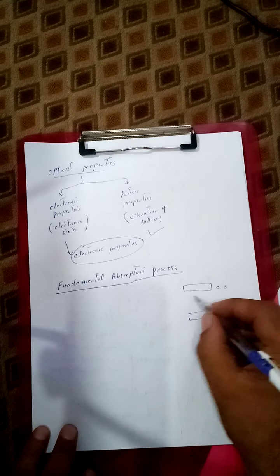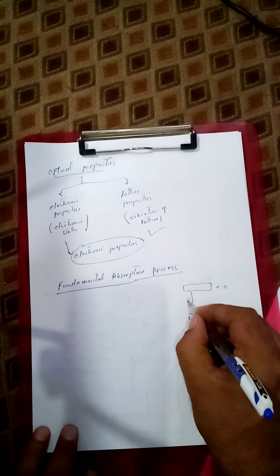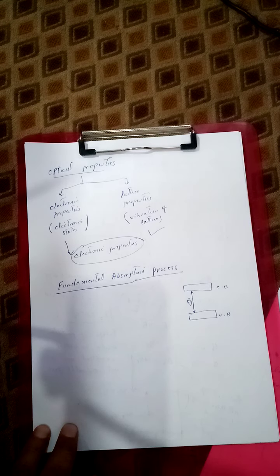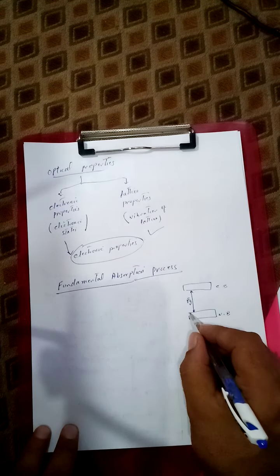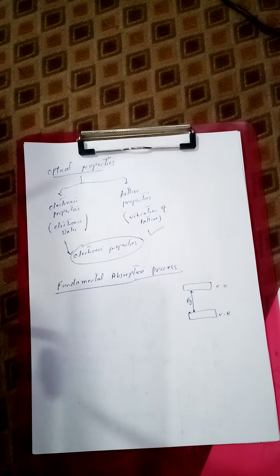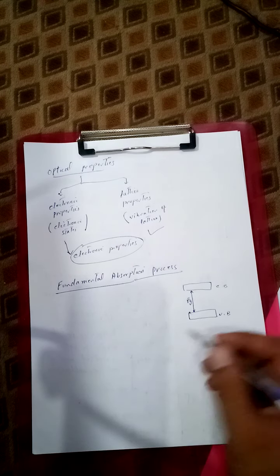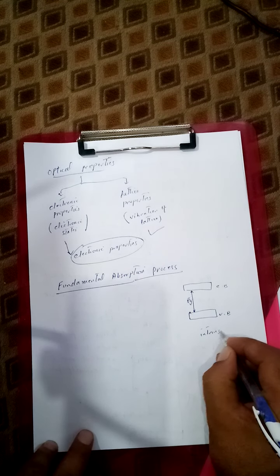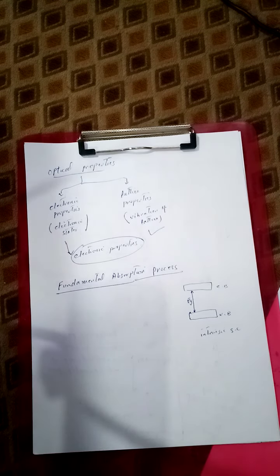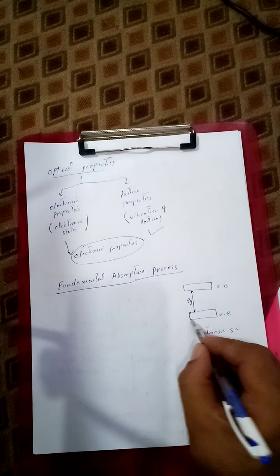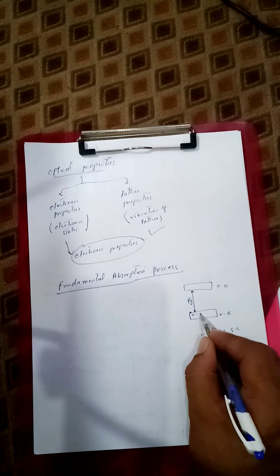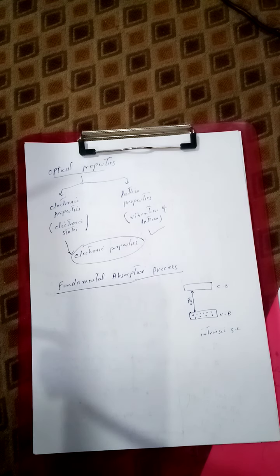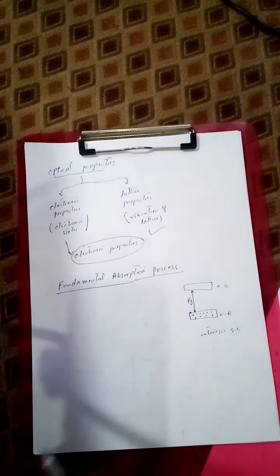The gap between conduction band and valence band is called the energy gap, which is represented by Eg. Now, if I consider, let's suppose, intrinsic semiconductor, then the valence band is completely filled with electrons, while the conduction band is completely empty.